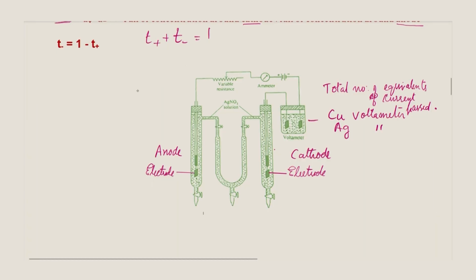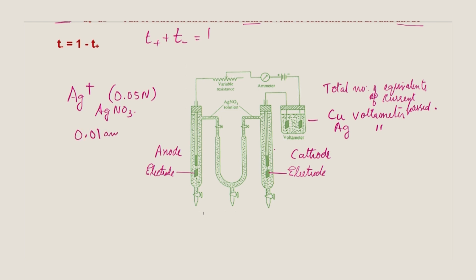Now, suppose you are supposed to find out the transport number of Ag plus ions, you take approximately 0.05 normal silver nitrate solution, and we apply a current of 0.01 to 0.02 amperes for about 1 to 2 hours.